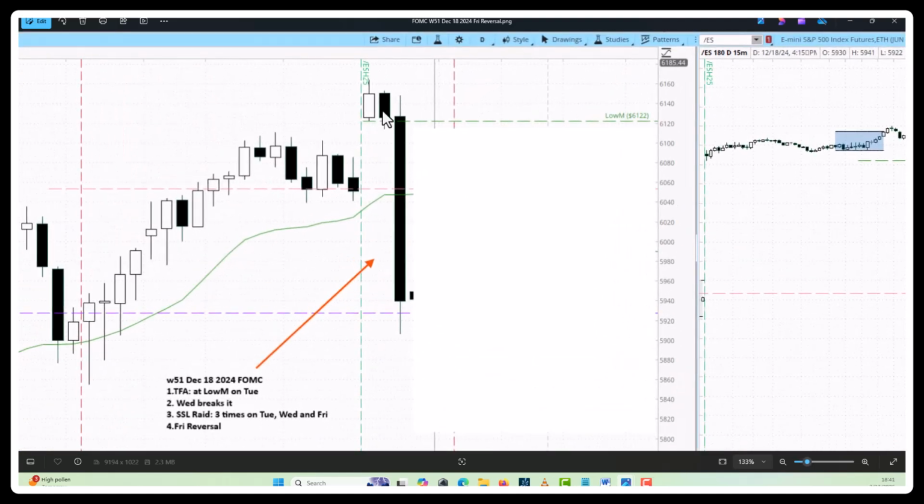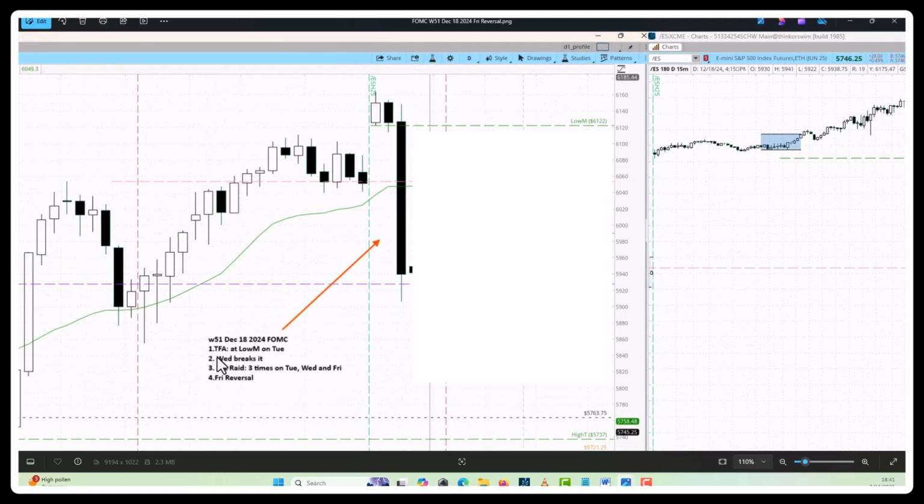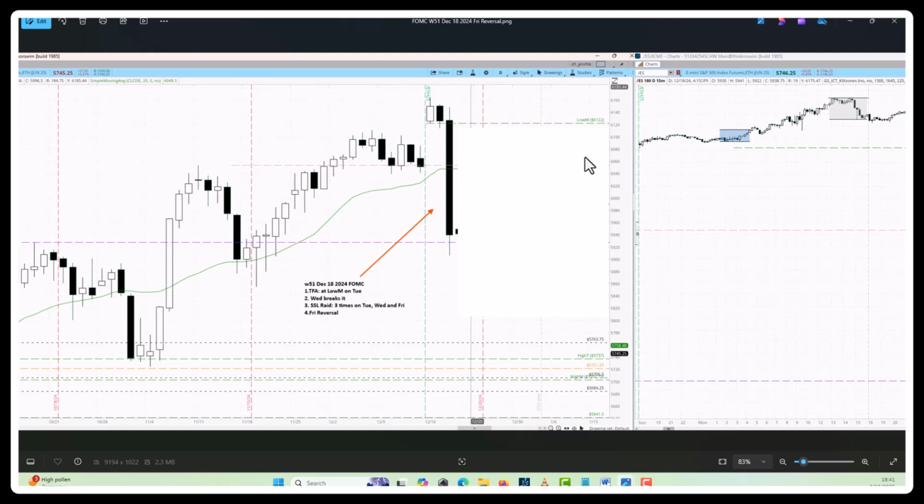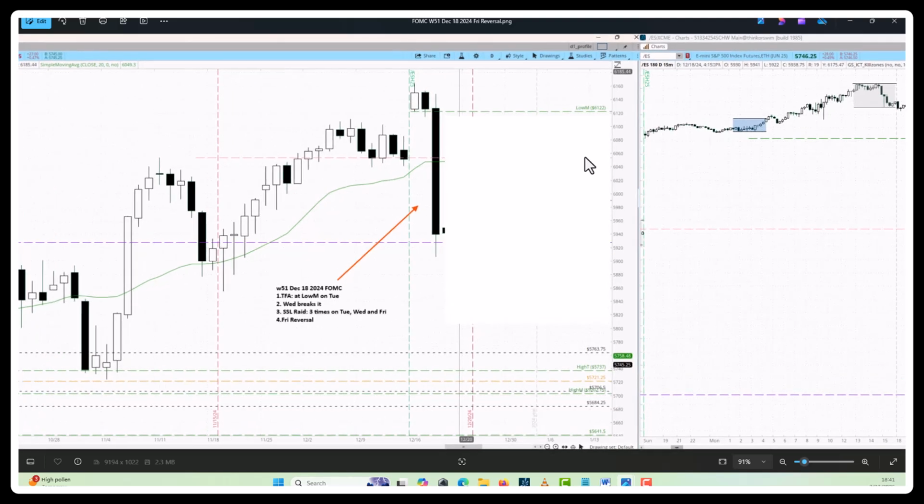The Tuesday closed above the Monday. It raided the sell side, the low, and then it closed above. That makes it a test from above right there. So we have a test from above the Monday low on Tuesday, right at the level of 61.22. That can give us a bearish signal.